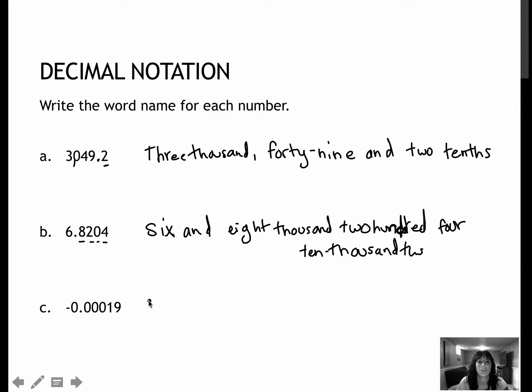And the last one, obviously, we're going to start with a negative. And then I've got tenths, hundredths, thousandths, 10,000ths, 100,000ths. So negative 19 hundred-thousandths.